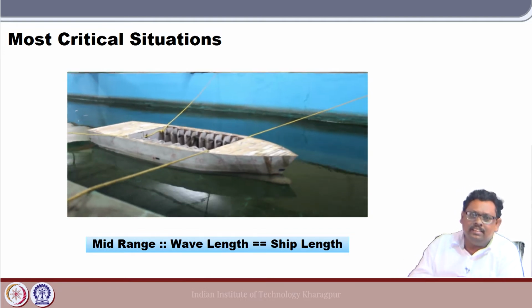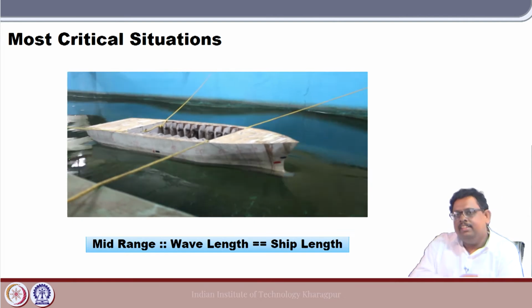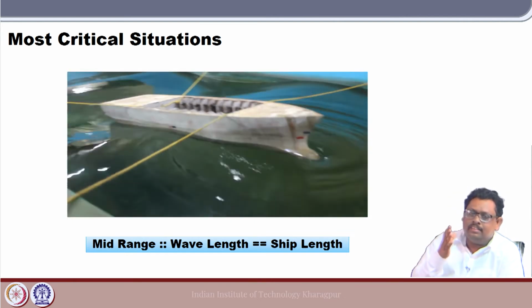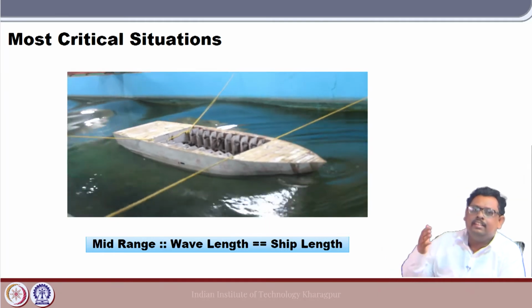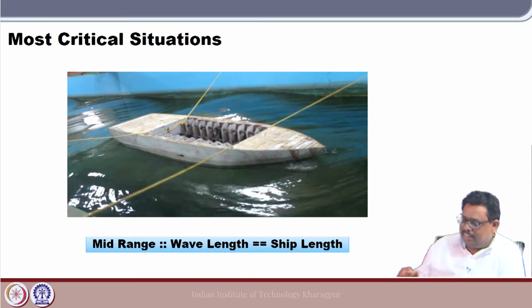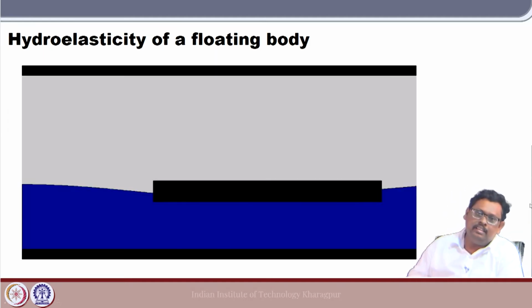Let us see once again. Everything here is under rigid body mechanics. If the ship is smaller, I understand this is okay. But if the same thing happens with a longer ship, let us see what happens.